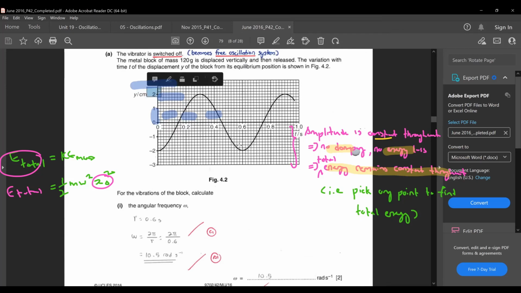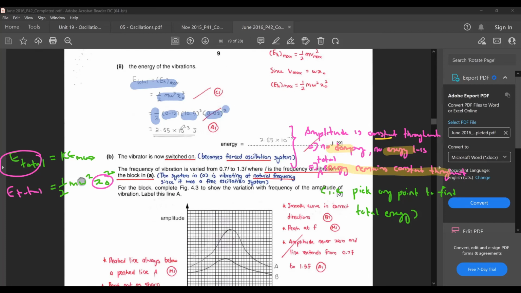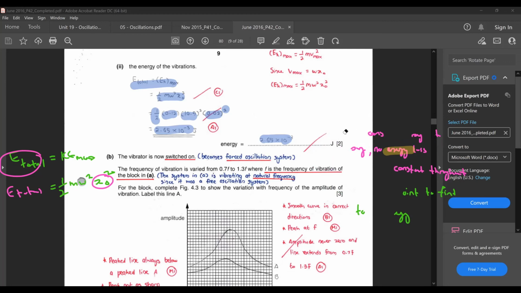Remember to change it to meters and remember to square it. So eventually you get 2.65 times 10 to the power minus 3. Okay, so this is your answer.